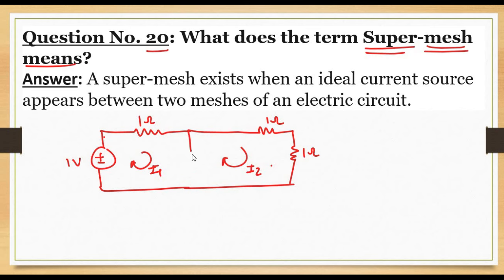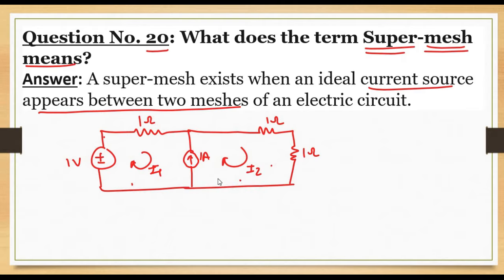Now I am replacing that 1 ohm resistor with a current source. Now mesh 1 and mesh 2 are connected by a current source between them, means a current source appears between the two meshes.